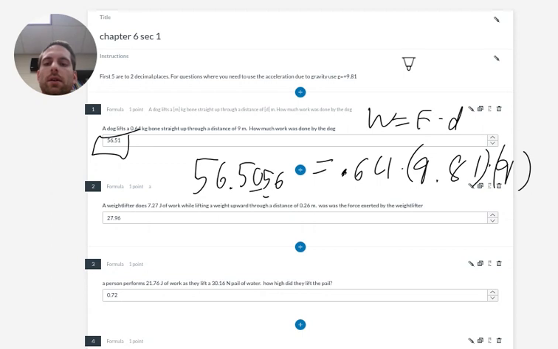So our second problem is about this weightlifter doing this amount of work. We'll lift this weight upward through this distance. We want to find the force. We're going to plug our values in. 7.27 equals work equals force. We don't know that. Times our distance of 0.26.